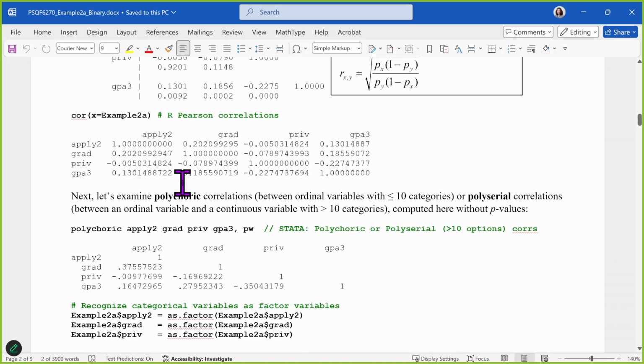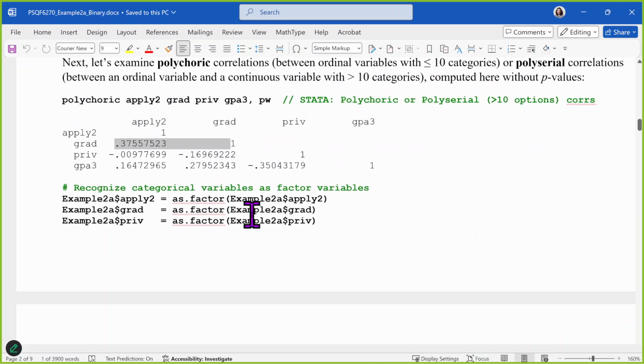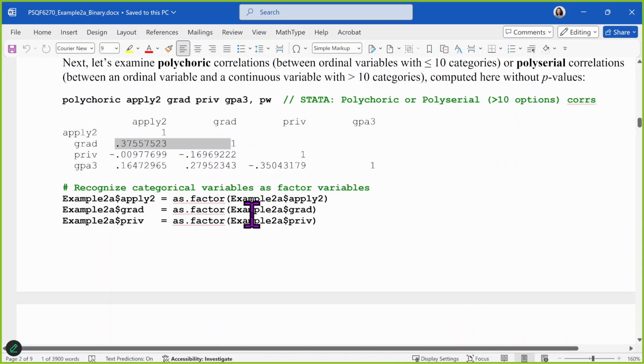Now, if we go to a different command, this is a user-created command known as polychoric, or in fact tetrachoric when the variables are binary. I had to download this and install it. It is something that someone wrote to be able to do this. And lo and behold, look at the differences. The correlation between applying to graduate school and having a parent that went to graduate school is now 0.38.